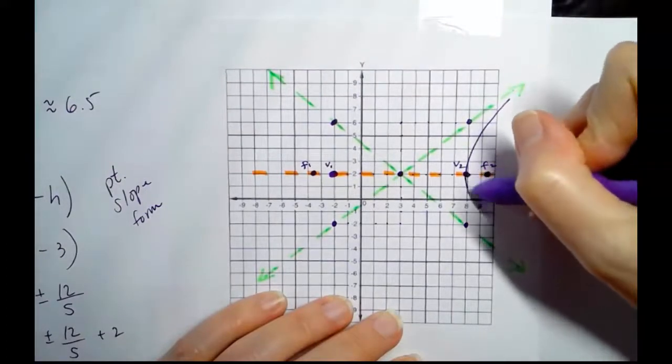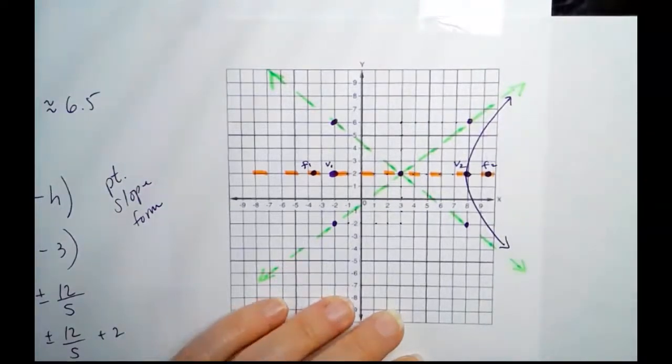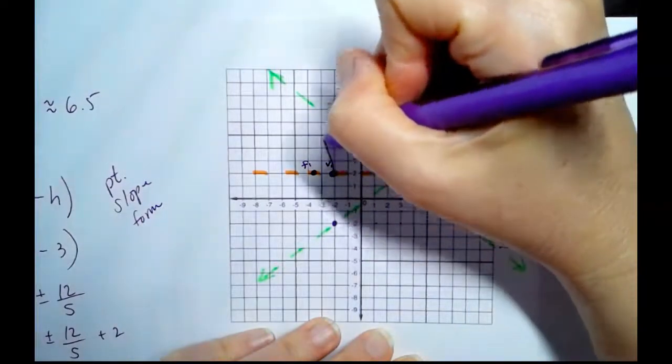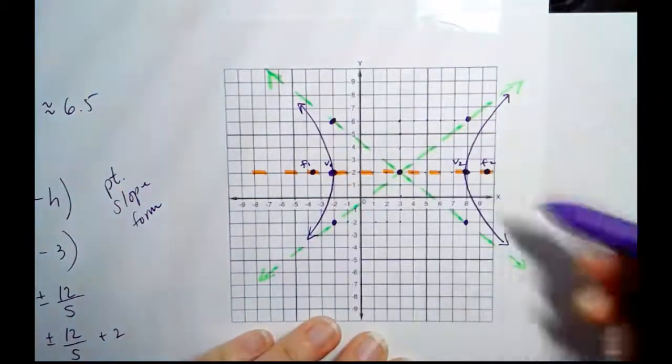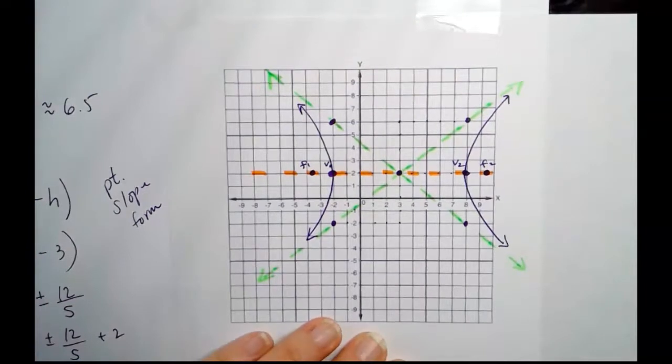Remember, the focus is in that interior, in the concave part of the branch. And basically, our branches are just going to hug those two asymptotes. So that's what your hyperbola looks like. And we're going to get more deeply into the hyperbola within our practice problems, but that's pretty much the gist of it.